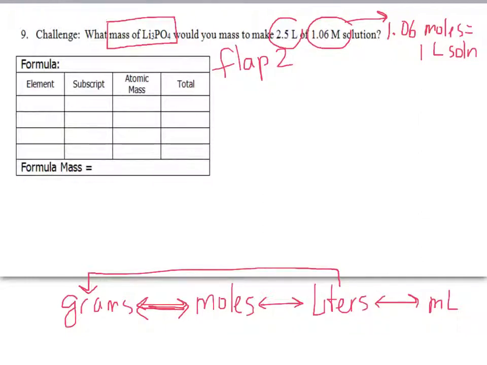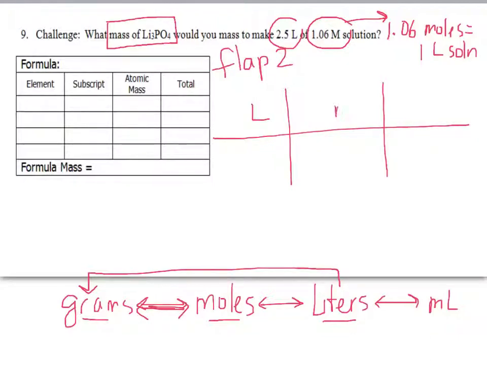So our dimensional analysis problem is going to start with liters, then moles, then grams. So I've got liters, moles, grams. So we're going to put our given in the first spot, 2.5 liters.